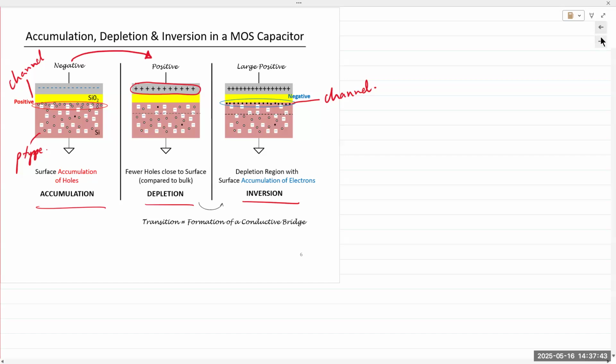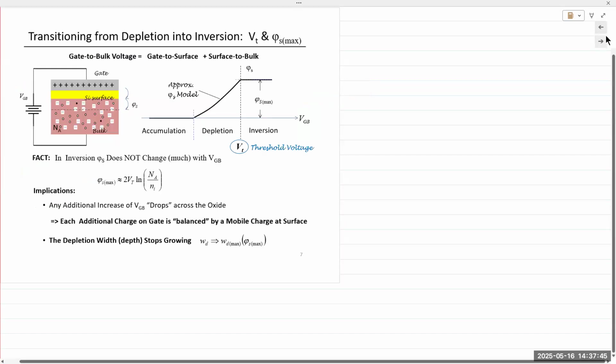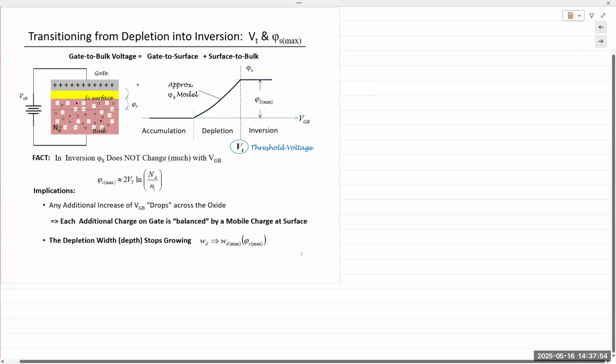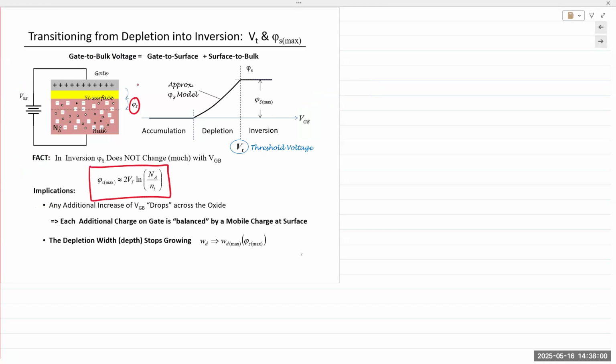All right, so now this is basically a little bit of physics calculation for the surface charge. This is known as phi s. This is the equation phi s max, which obviously is a function of the doping, right?